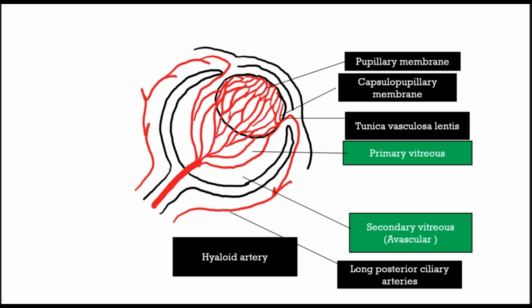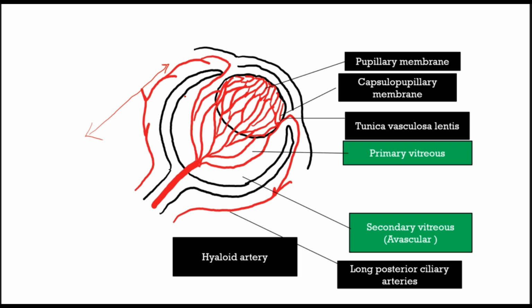Next, what we are going to talk about is the malformation of the vitreous and the hyaloid artery system. So, it's very important to revise the primitive vitreous anatomy, or the primary vitreous anatomy. We know that it is majorly vascular, and we have the hyaloid artery and the long posterior ciliary artery which are going and supplying the lens. If you carefully observe, you can arbitrarily divide it into an anterior portion and a posterior portion.